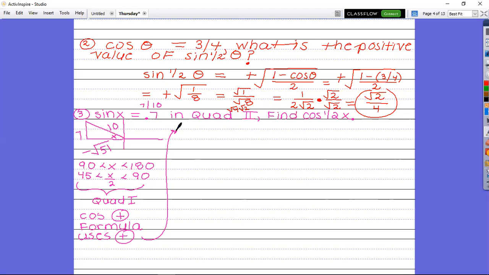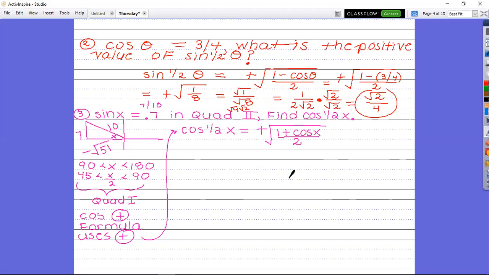So cos of 1/2 x is equal to the positive, because we just discussed that, and then I'm going to go square root of 1 plus cos of x over 2. And please be careful and watch this algebra closely because this gets complicated.